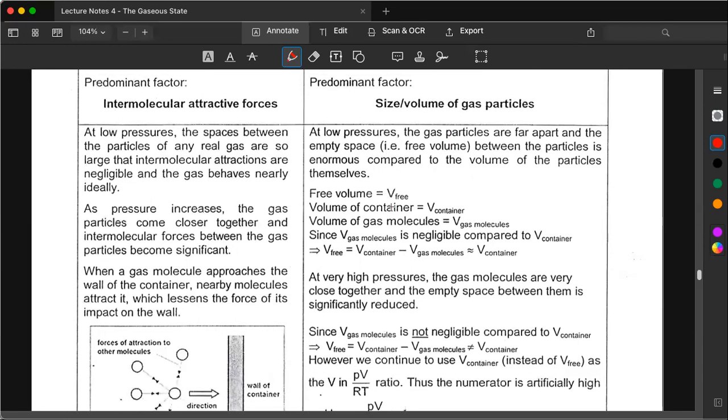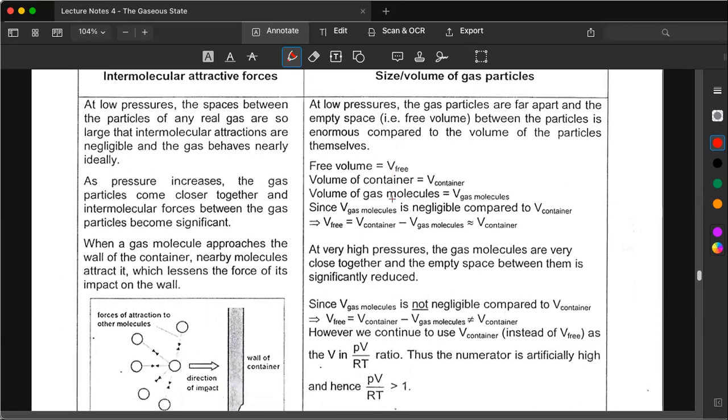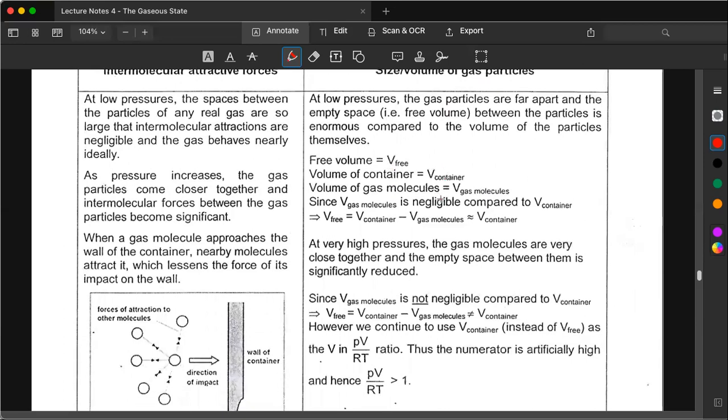The free volume is the volume of the container, V container, minus the volume of the gas molecules, V gas molecule.